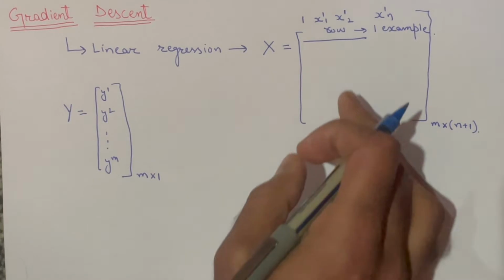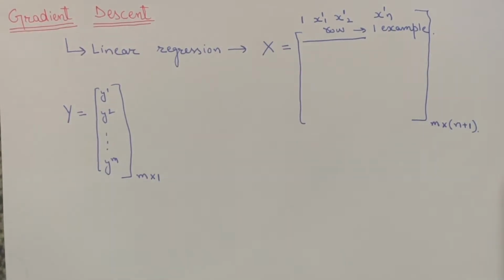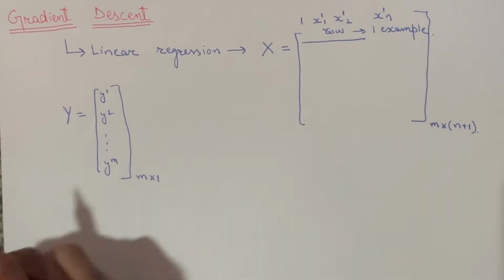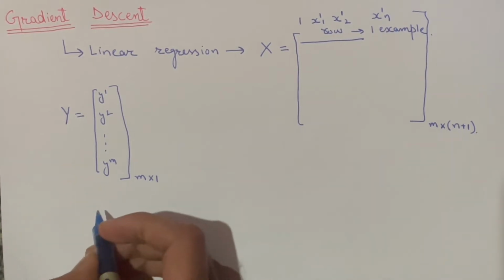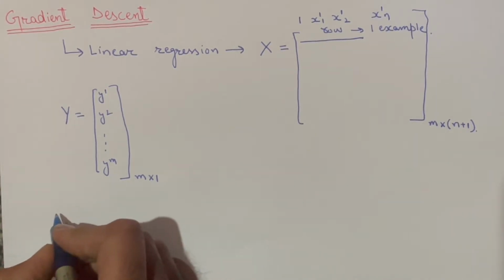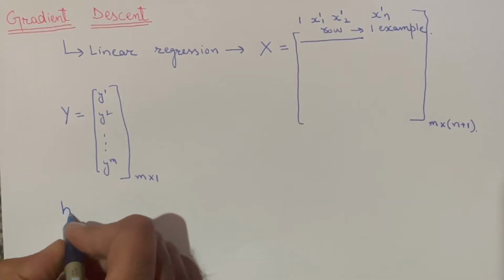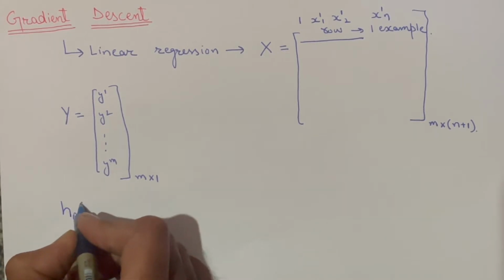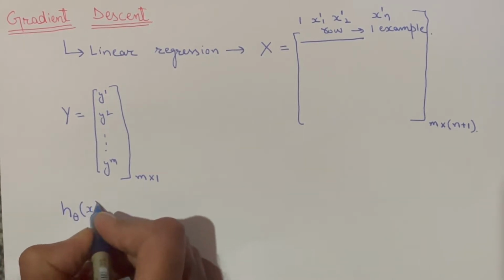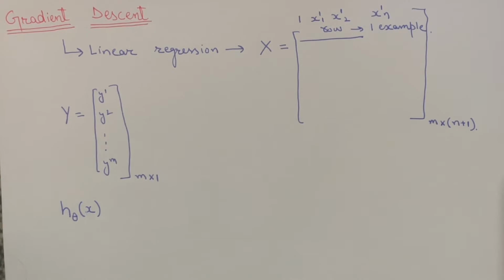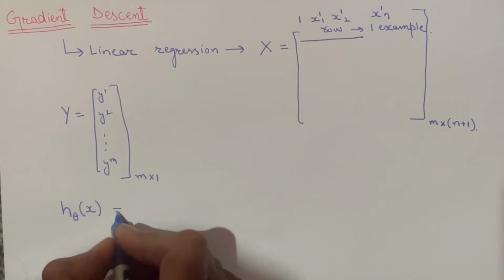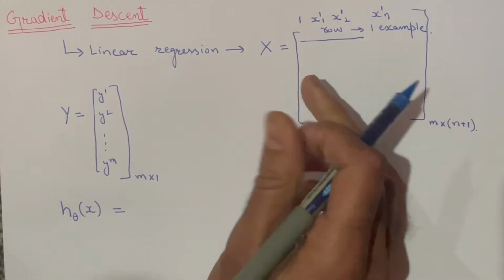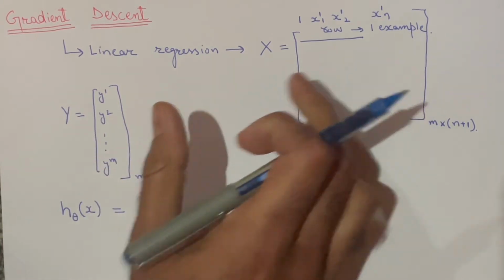And to train a model on this particular data set, we said that we assume a linear function, h of theta x. It is a linear function, and we said that this function will capture the relationship between the input and output.